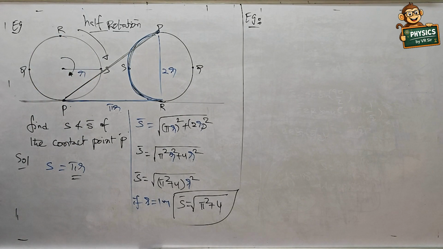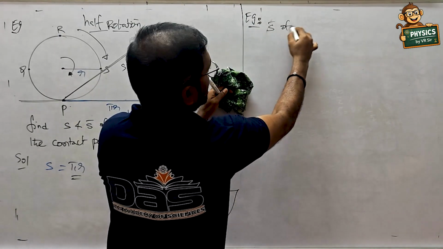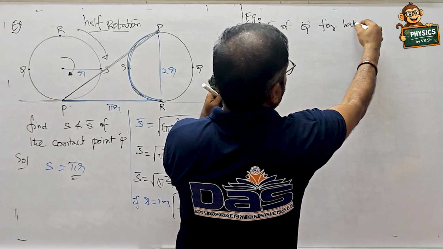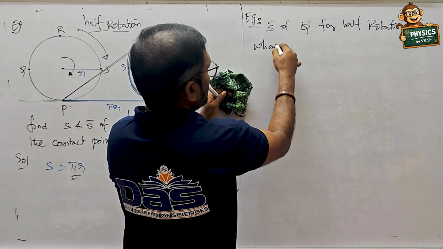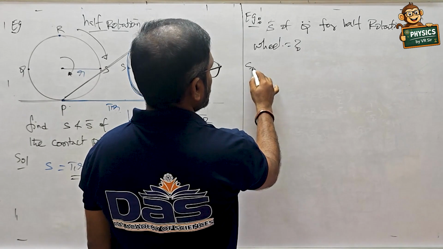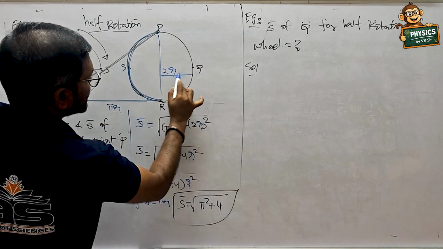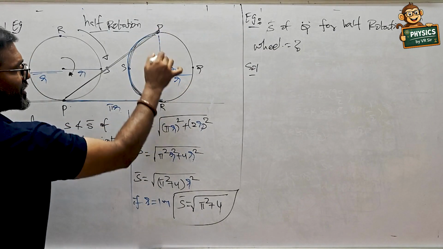But how to calculate the displacement? I'm talking about the displacement of Q for half rotation of the wheel. Now look here. What is this distance, and what is this distance? I'm sorry, r. Of course, this is 2r.